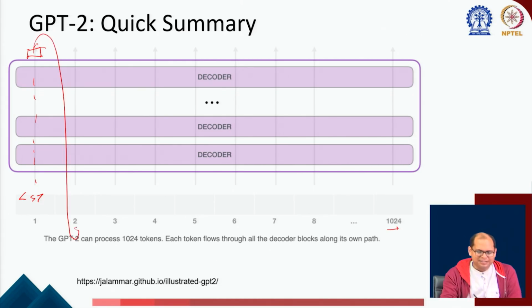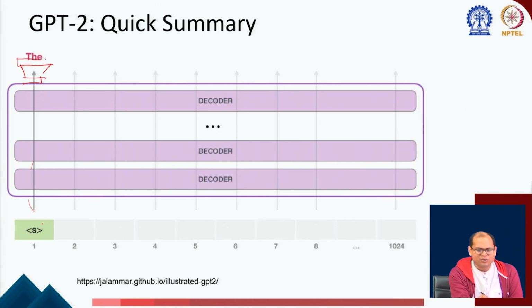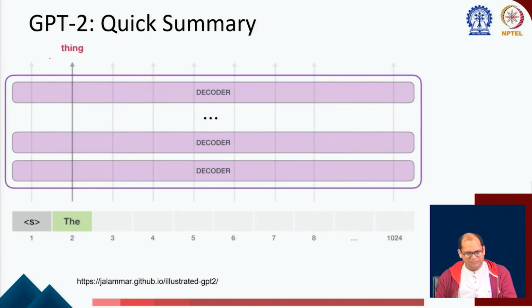You feed the start token, go through that, get the embedding finally, and a linear layer projects it to the vocabulary space and finds the word with the highest probability, right?